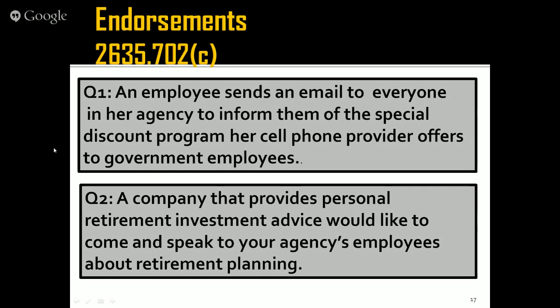Right. In the case of question 2, we could imagine the employee who has suggested this activity maybe has an outside relationship with this provider of investment advice, and they are coming maybe not on their behalf, but for their explicit benefit, right, to try and secure agency resources for them. And I think in that case, it would clearly contravene the principle of misuse of public office for private gain.